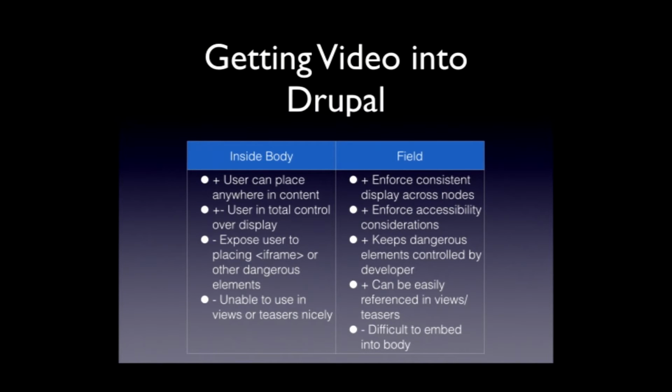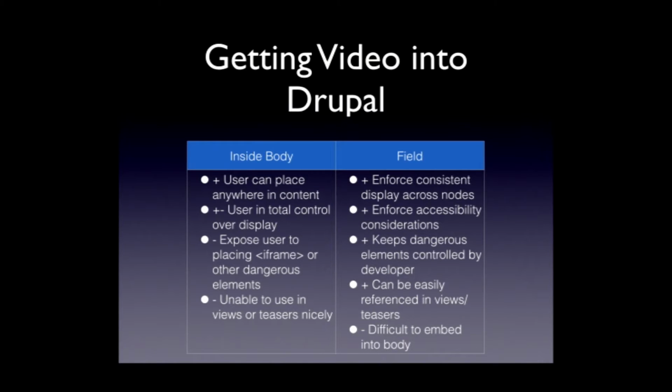The other way is to use a field on your content type. The nice thing about that is you can enforce consistency on how that video looks and feels across different pages of that node type and different displays of that node. So if you see it in a view or in a teaser or whatever, you can play around with that.